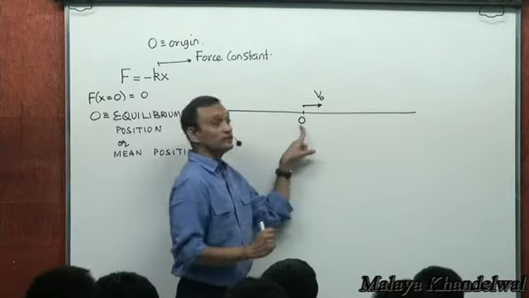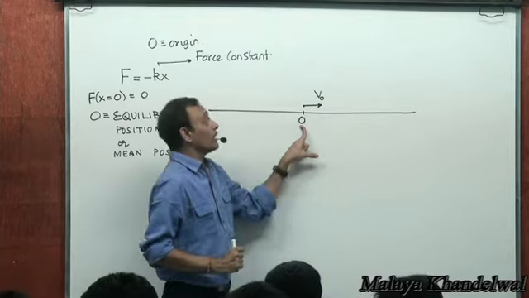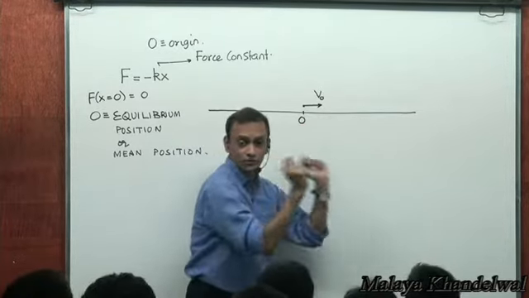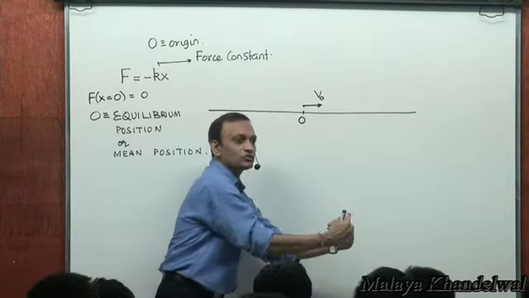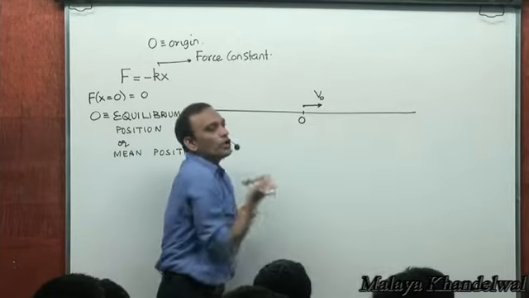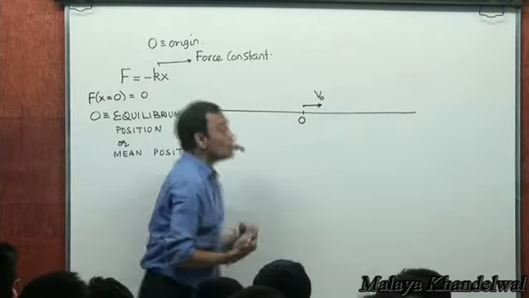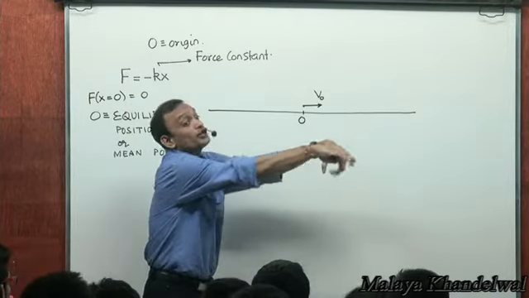Now, the particle, even though it is acted upon by 0 force at x equal to 0, because of inertia, it would move to the right, right? Now, the moment it starts moving to the right, it's going to be pulled back. There would be an attempt to pull the particle back to O because of this force. This force would therefore want to retard the particle.